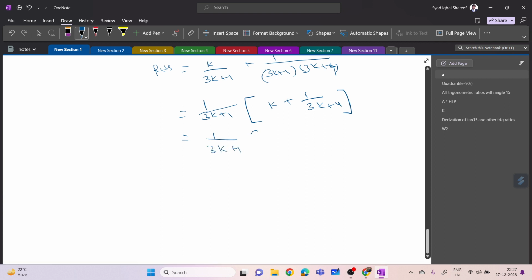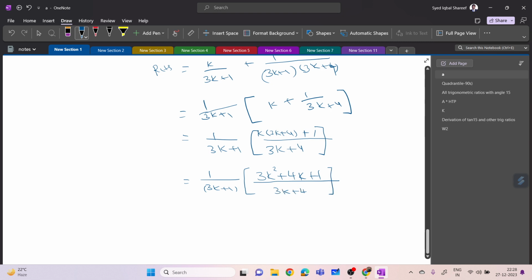If you take the LCM, 3k plus 4, this is k into (3k plus 4) plus 1. So this will be 1 by 3k plus 1 times (3k square plus 4k plus 1) divided by 3k plus 4.